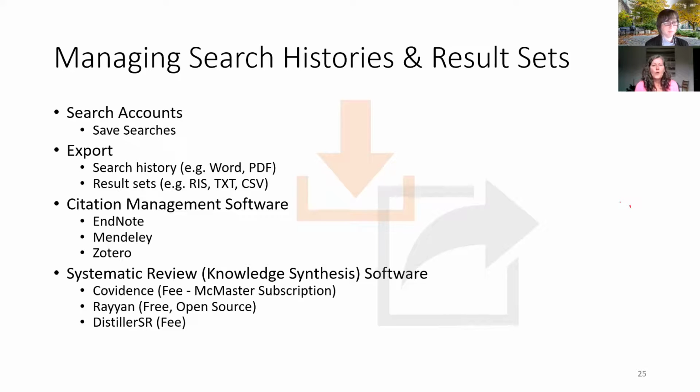You do want to export them. Now, the other thing about saving an account is it'll show your searches, so you could screenshot that or print it off. But you can also export your results, and you would want to do that most likely into one of the citation management software.